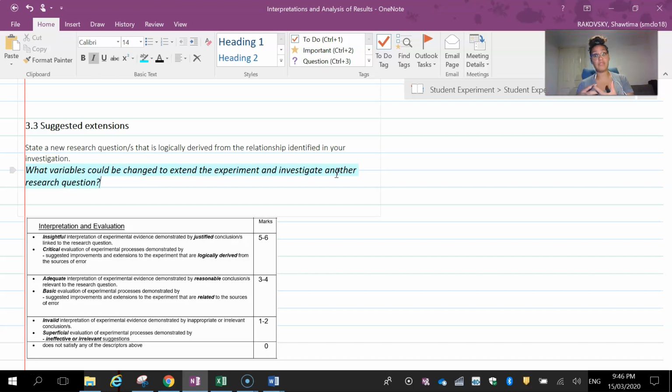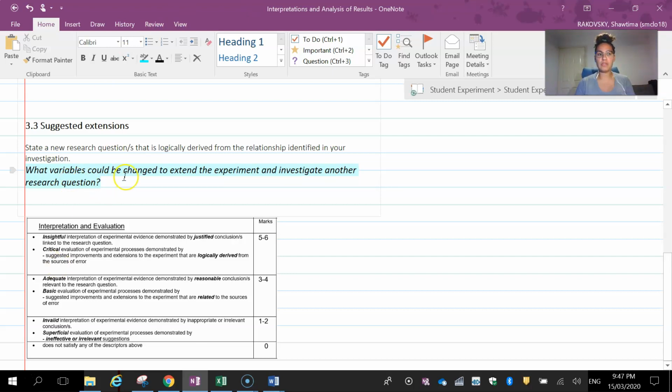So you might have different objects and their distance traveled. That's logically derived, okay? Because if there's different types of surfaces on the object moving down the ramp, that relates to friction. Okay, so that's what we're looking for in regards to that.